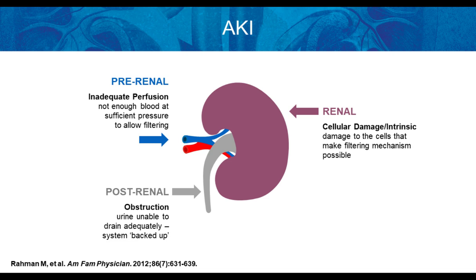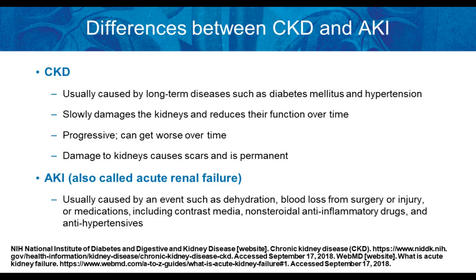There may be intrinsic renal causes of acute kidney injury, i.e. damage to the tubule, which is where many of the contrast-induced nephropathies fit. And then finally, there are post-renal causes for renal failure, i.e. obstruction of the ureteral system beyond the kidney, creating reflux into the kidney, things backing up essentially.